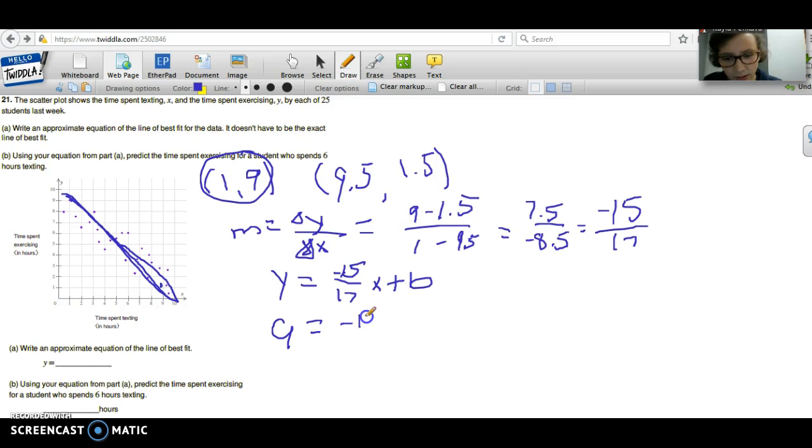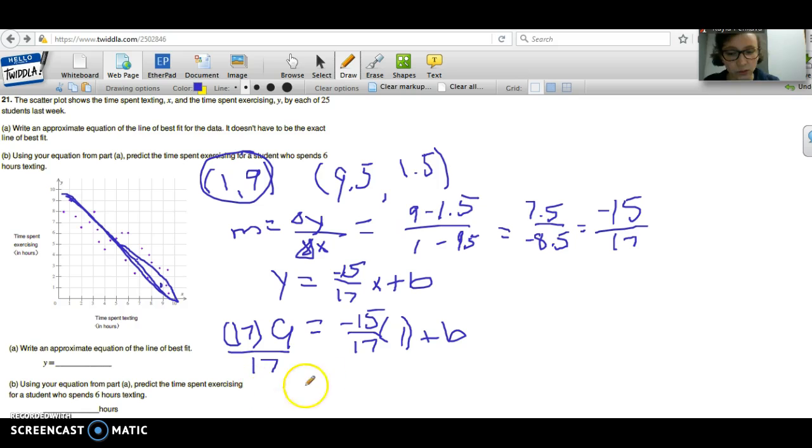So we have 9 equals negative 15 seventeenths times 1 plus b. Negative 15 seventeenths times 1 is negative 15 seventeenths, so we add that over to 9. You can make 9 a fraction over 17 by multiplying 17 times 9 over 17.